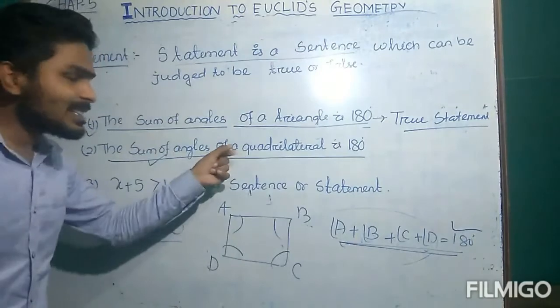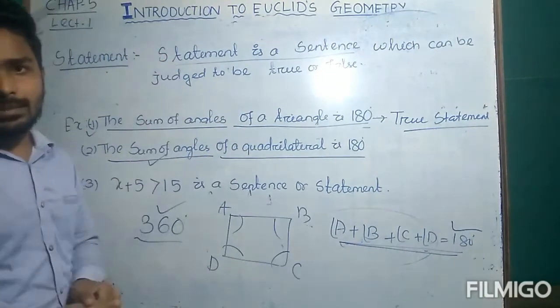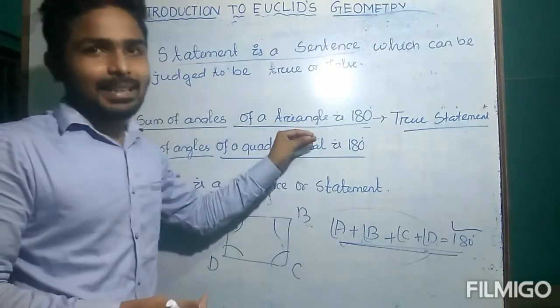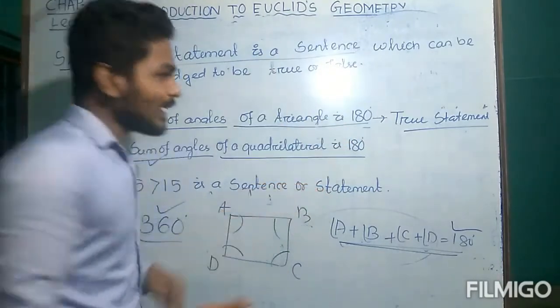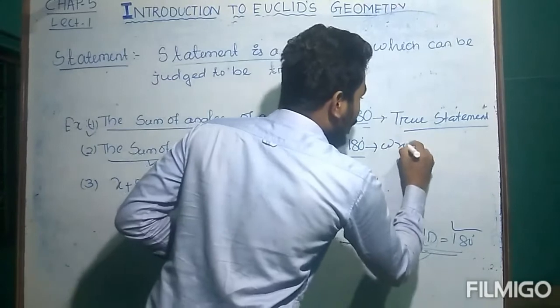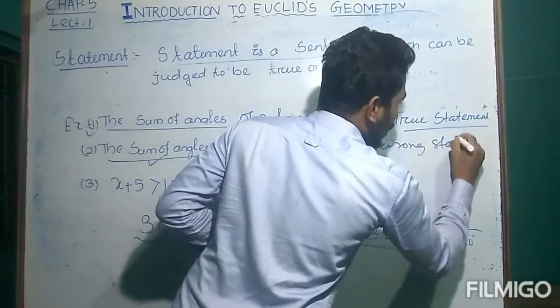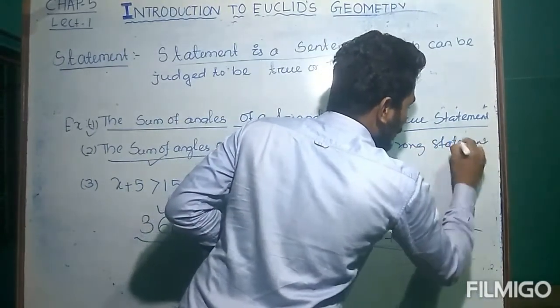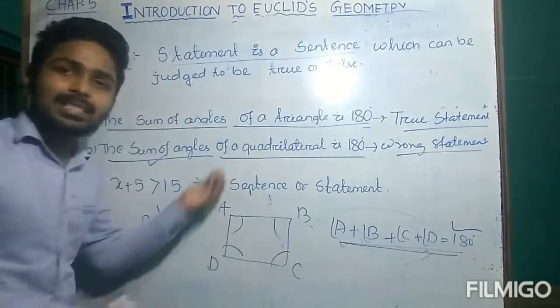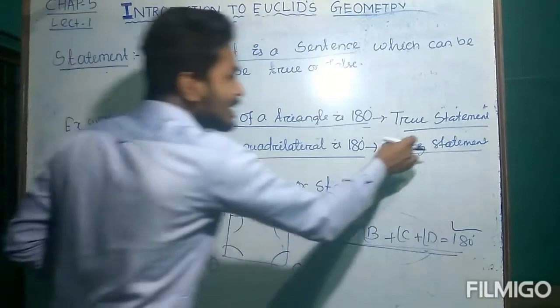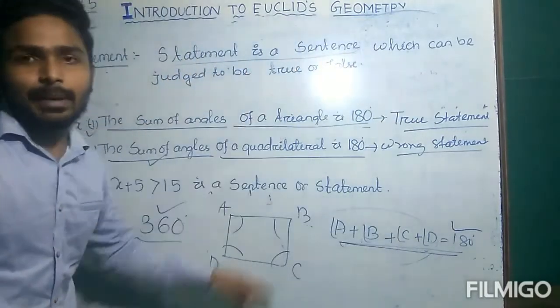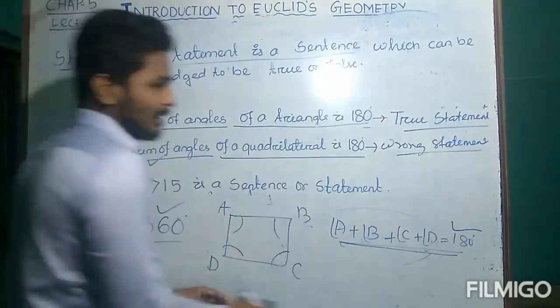It means this sentence is wrong. Though it is wrong, it is known as a statement. It is a wrong statement, not just a sentence. Why? Because it has a chance of falsity. That is why it becomes a statement, not a sentence. Understood?